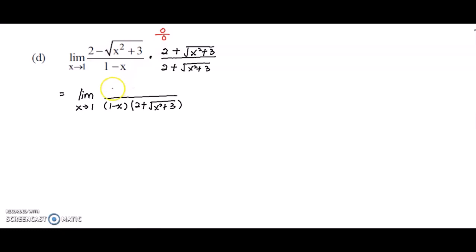We just expand the conjugate. 2 multiplied by 2, you got 4. Positive 2 multiplied by square root of x squared plus 3, minus 2 square root of x squared plus 3 will be 0. And then lastly, you have negative multiplied by positive, negative square root of x squared plus 3 multiplied by square root of x squared plus 3. That will be x squared plus 3.